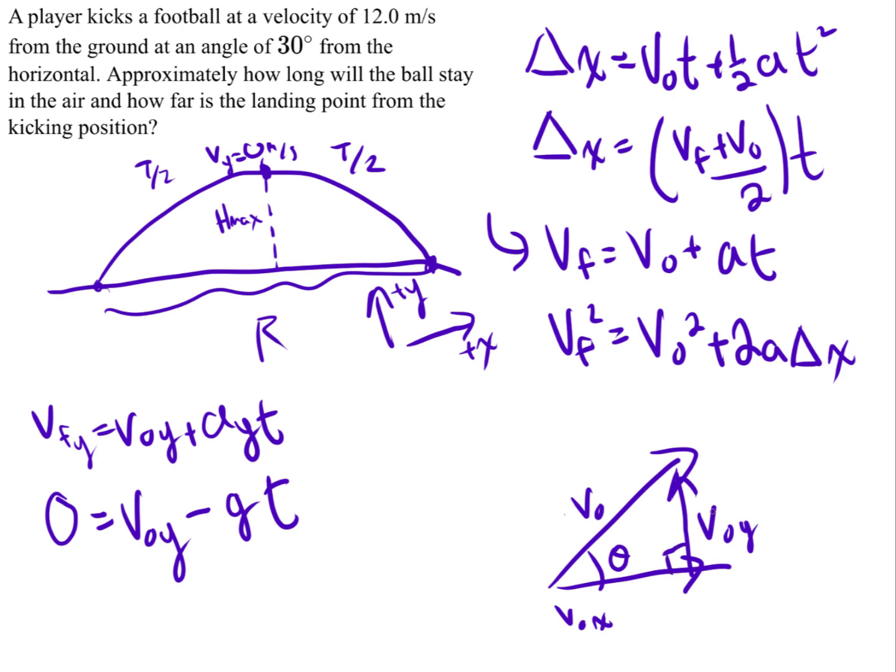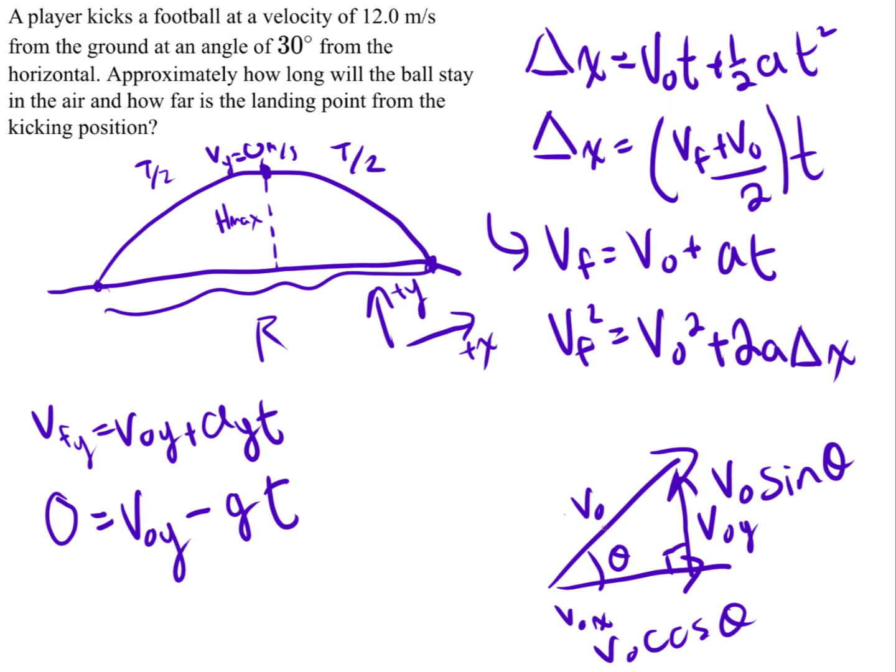Since the horizontal and vertical velocities are perpendicular to each other, they have a right angle between them, so they can be broken down using trigonometry. So this becomes the initial velocity times the sine of theta, because sine theta is this velocity here over the initial velocity. And then you can just manipulate the equation. And same thing here, except this will be the initial velocity times the cosine of theta.